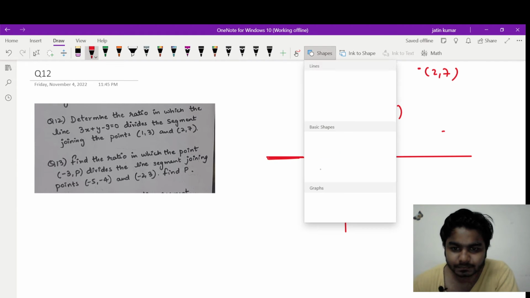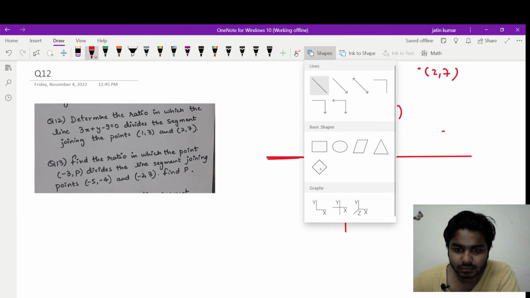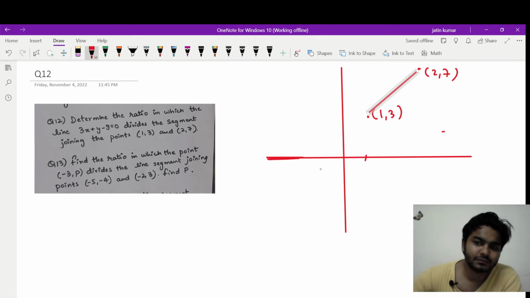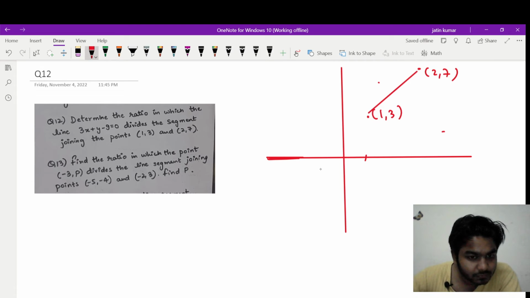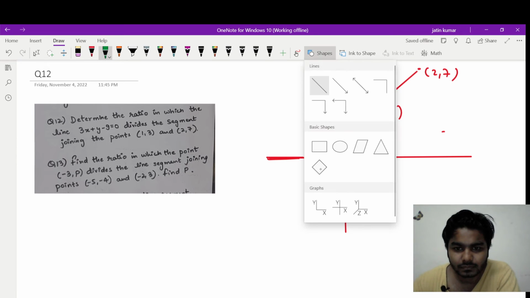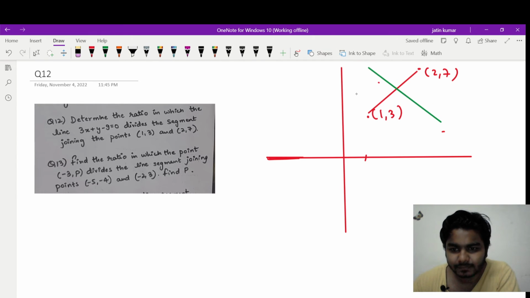Can we join them? So we have joined (2, 7), right, and there is also one line which divides this line segment. This line is 3x + y - 9 = 0.